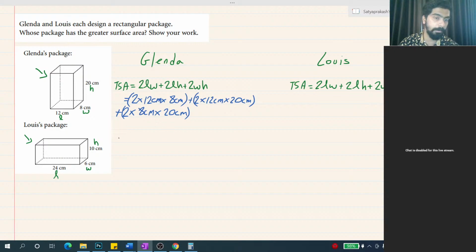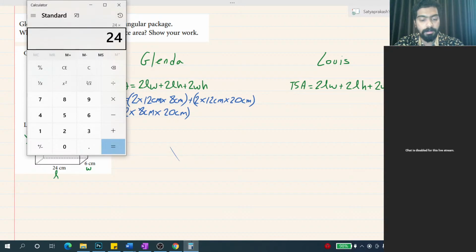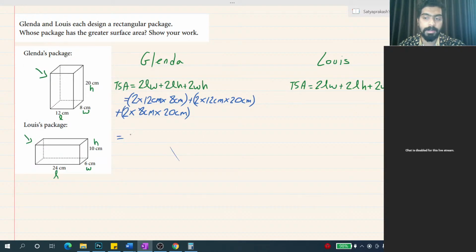So same like the previous questions what we did. Now what we have here, 2 times 12 times 8. 2 times 12 is 24. 24 times 8 would give us 192, right, guys?